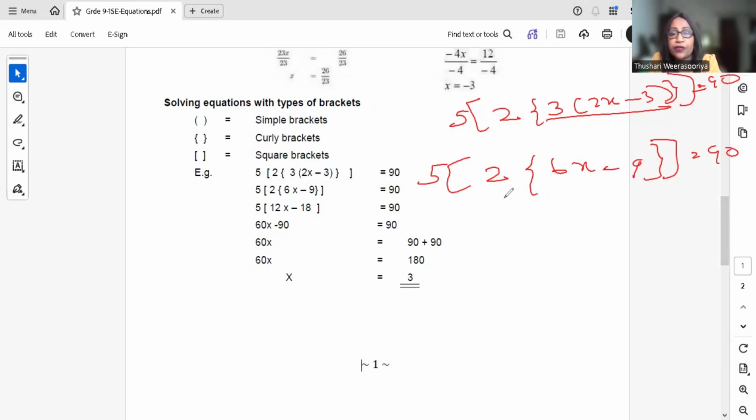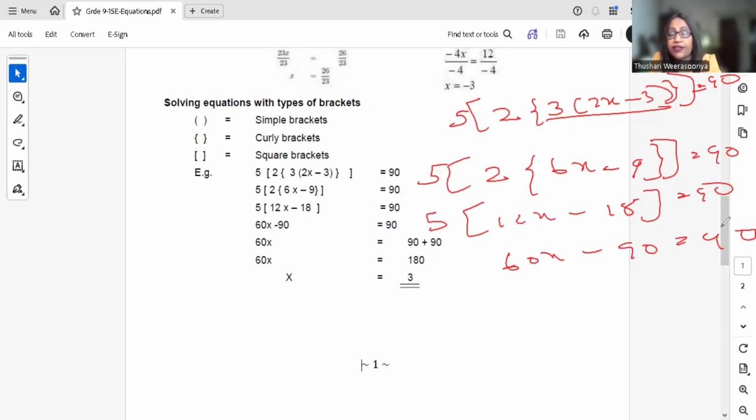The next step, you remove the curly brackets. See, that's the order. Square brackets are remaining. 5 times square bracket 12x minus 18, equals 90. Now remove the square brackets. 5 into 12, 60x minus 90 equals 90.